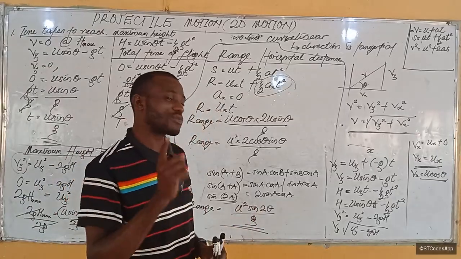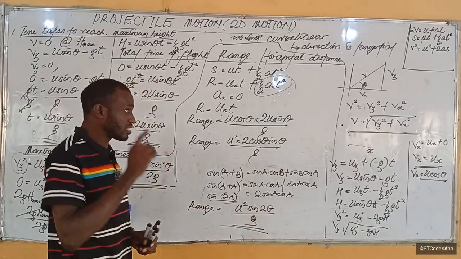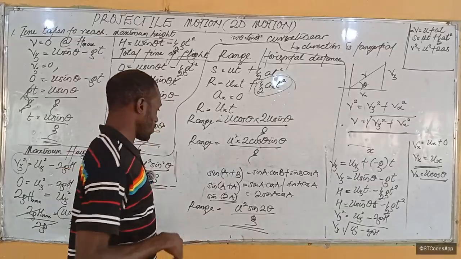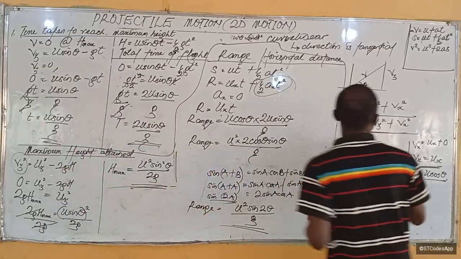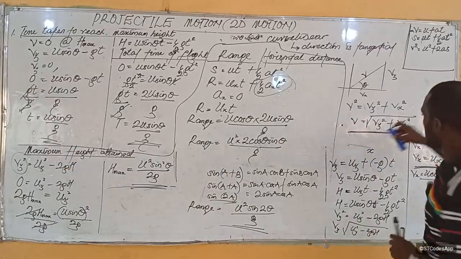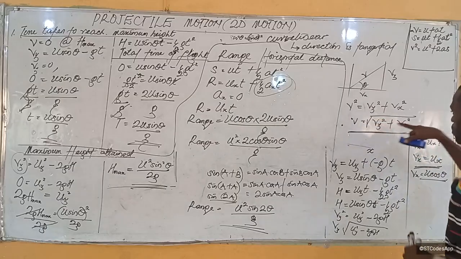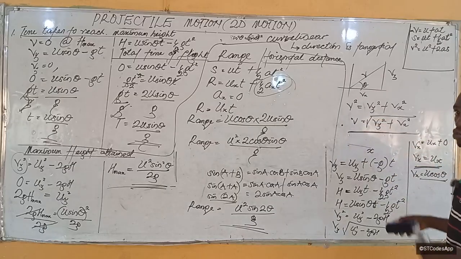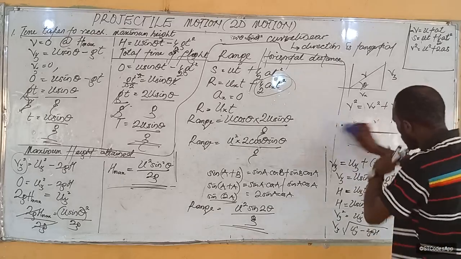But when will the range be maximum? When do we experience maximum range? Now remember this formula, that is the velocity at a given height. I'm going to resolve this to show you the actual formula, but let's hold this for now.